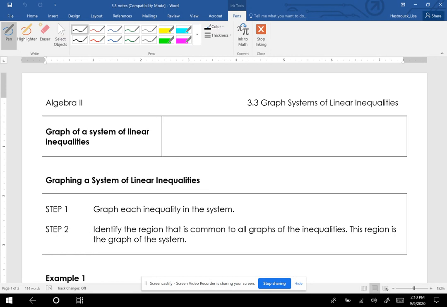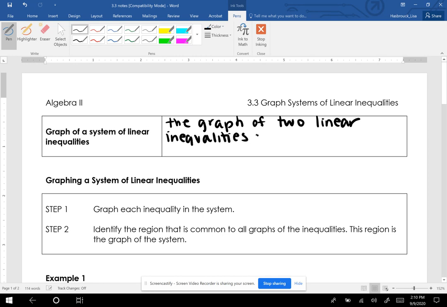So first, the graph of a system of linear inequalities is the graph of two linear inequalities on the same coordinate plane.